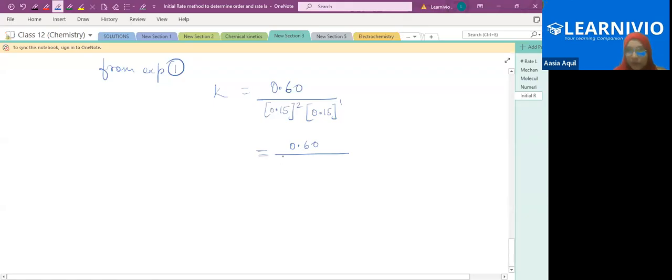So 0.60, and 0.15 square is basically 0.0225, into 0.15. Now do this.